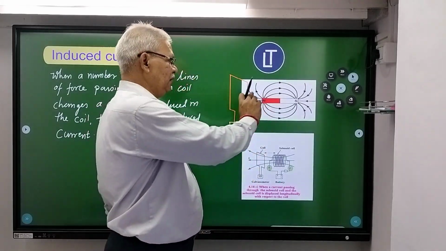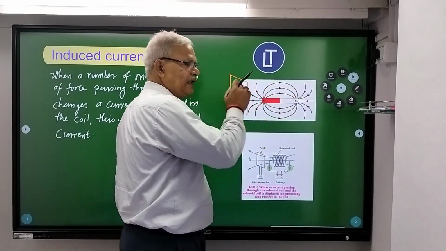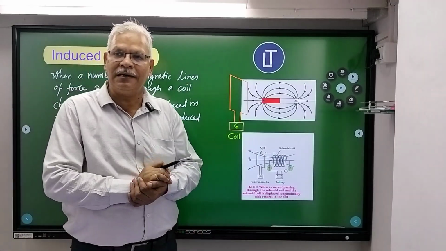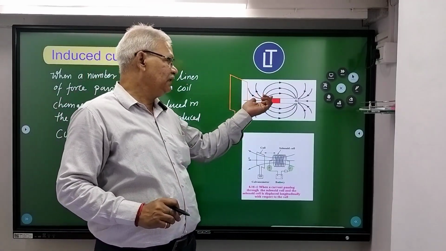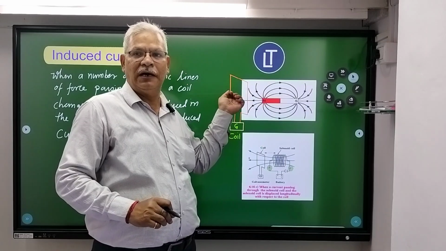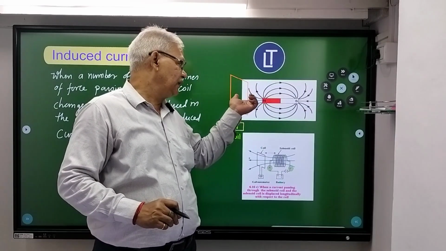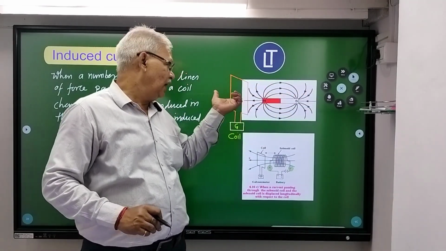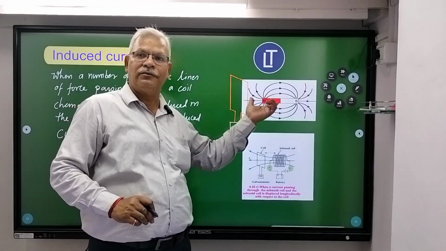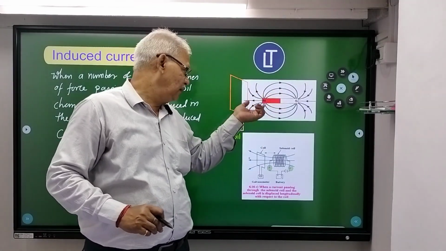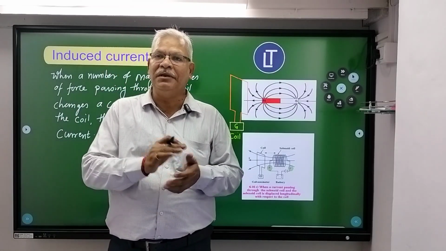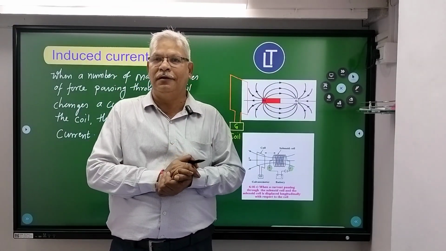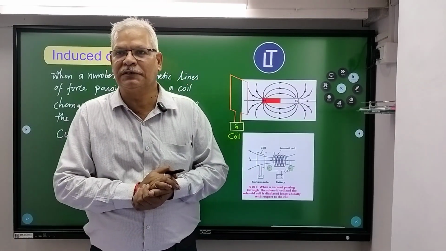The magnetic lines of force can be changed by bringing the magnet toward the coil or getting it away from the coil, or by bringing the coil towards the magnet or getting it away from the magnet. Means they should be in relative motion.